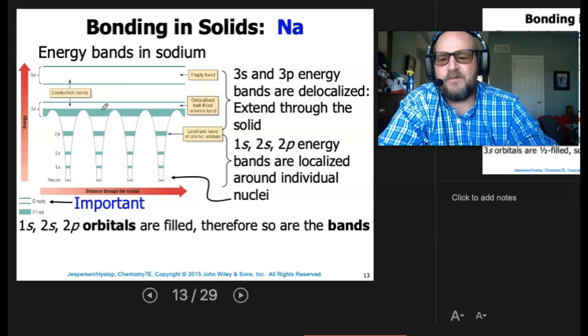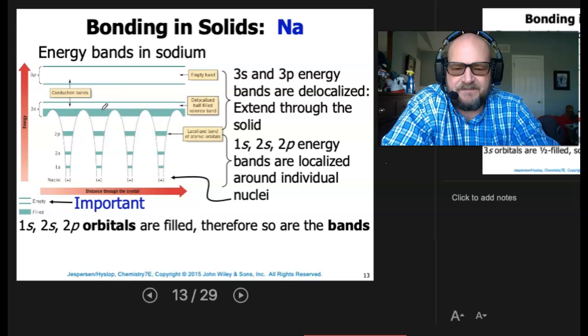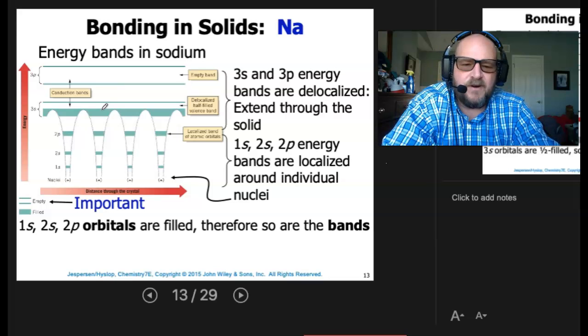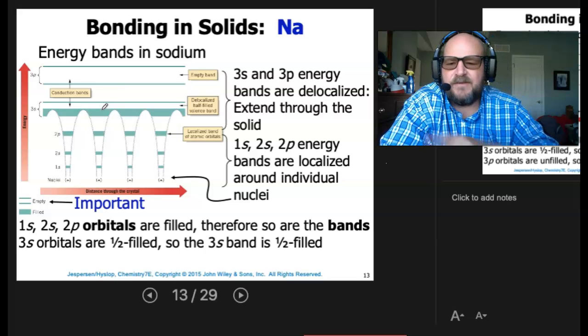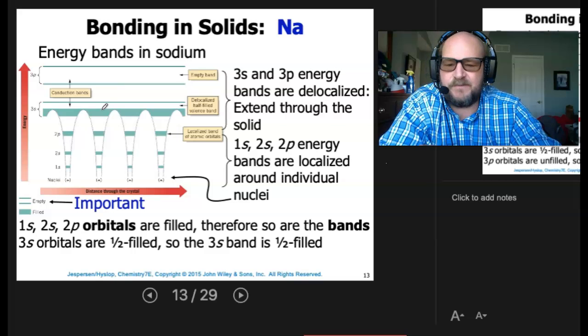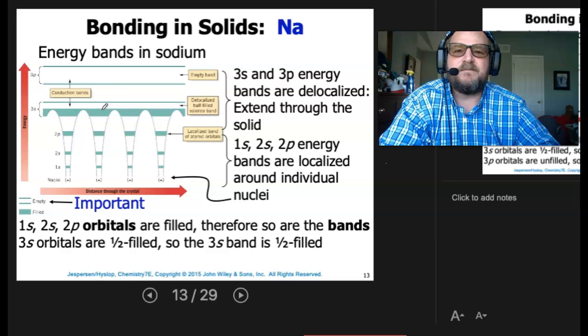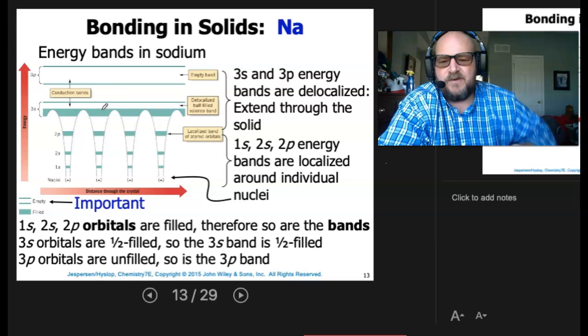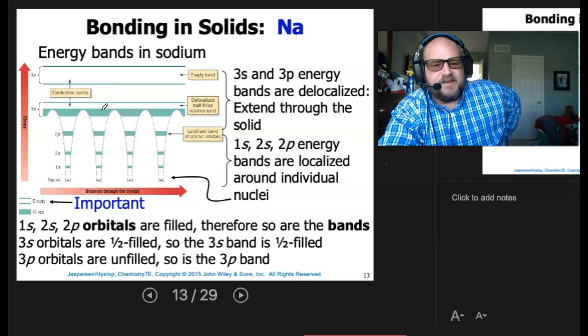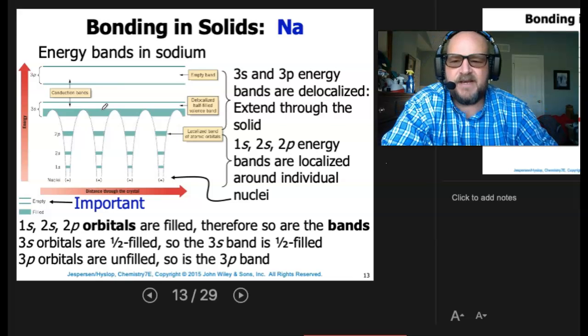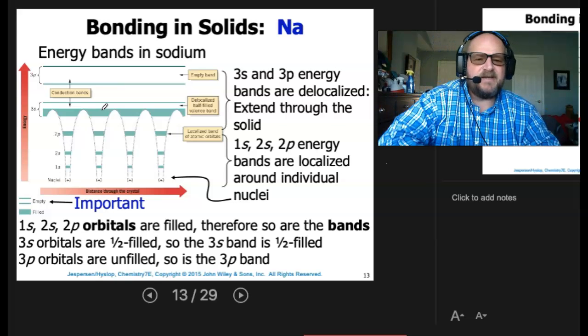The 1s, 2s, 2p orbitals are filled, therefore so are the bands. The 3s orbitals though are only half filled, so the 3s band is only half filled. The 3p orbitals are unfilled, and so is the 3p band. So the 3p band is going to be empty, the 3s band is half full.